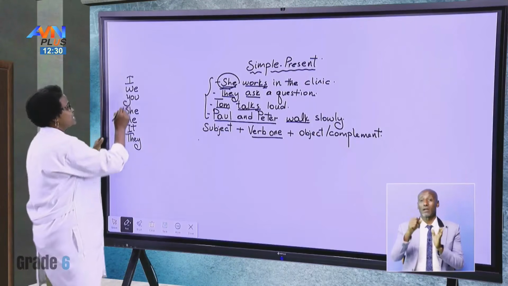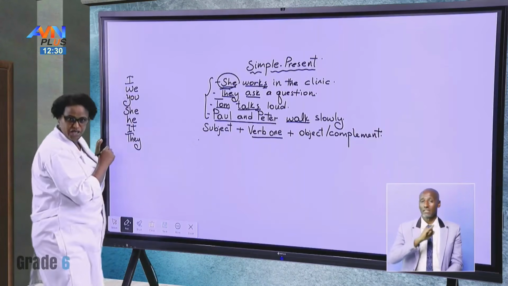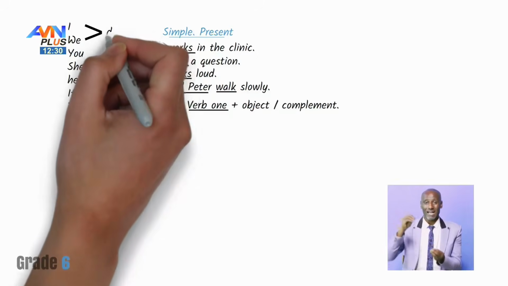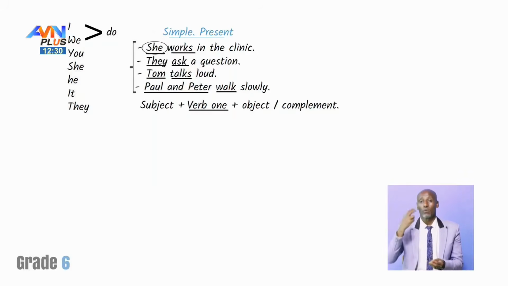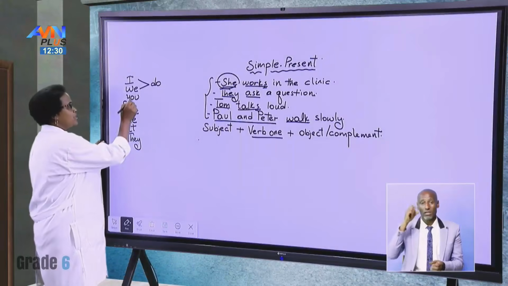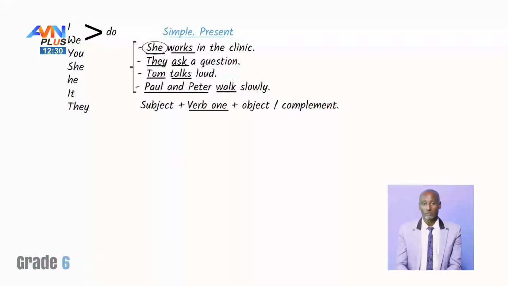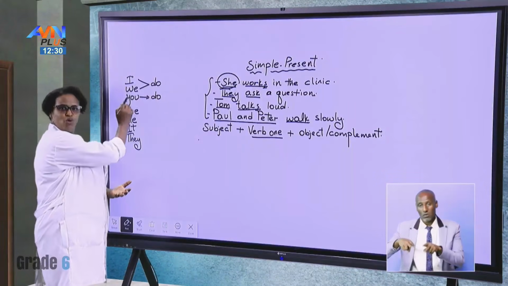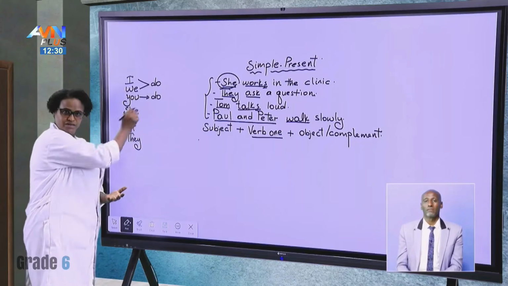On the first person, which is I and we, we don't need to add any S. So we simply use verb 1, do, okay? But look at this. You, the same thing, do. Which means if your verb is walk, it remains what? I walk, we walk, you walk, right?